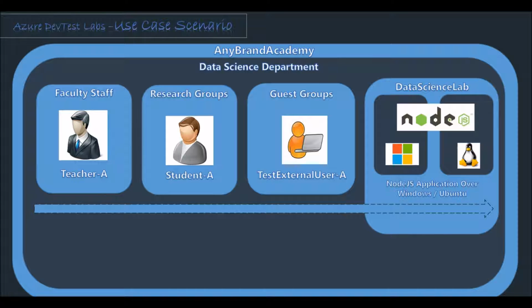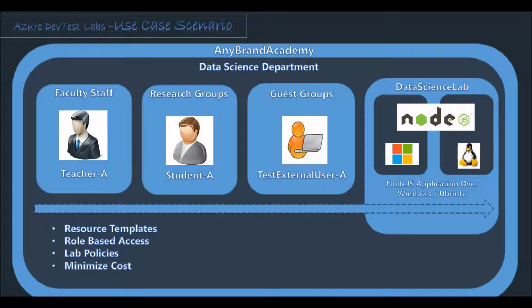Besides having this data science lab, there are some very key objectives they want to achieve. They want to resource template the things around this data science lab provisioning, especially the virtual machines inside. They want to have role-based access to all those functions.